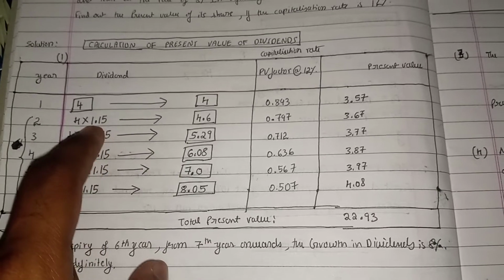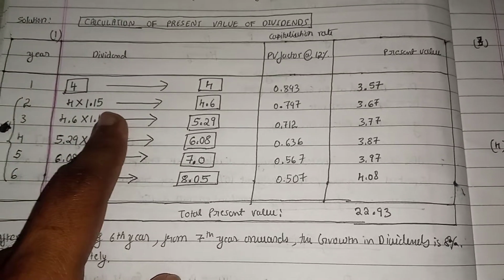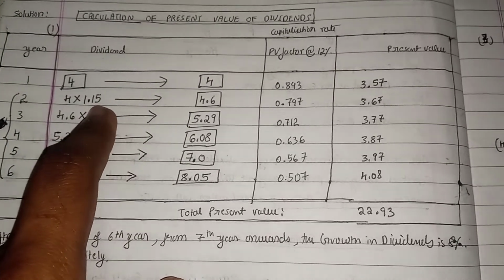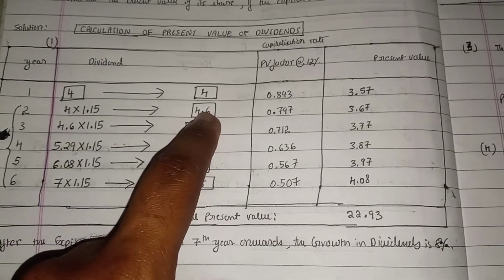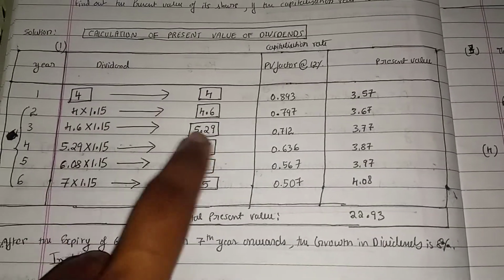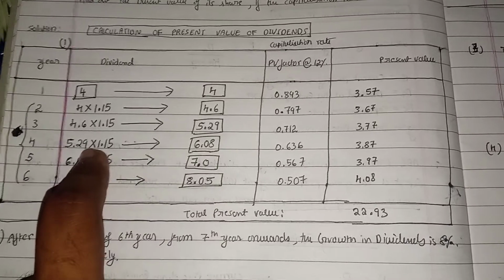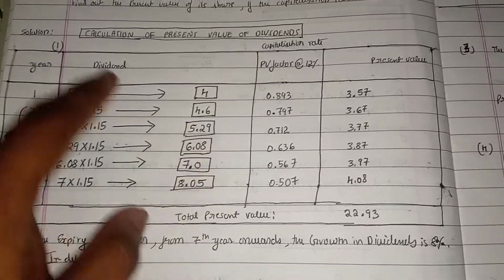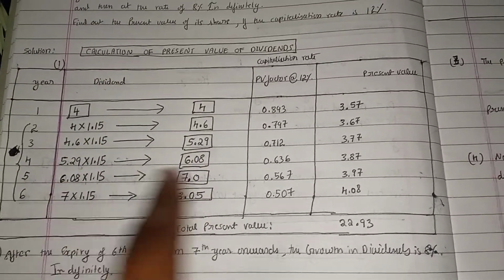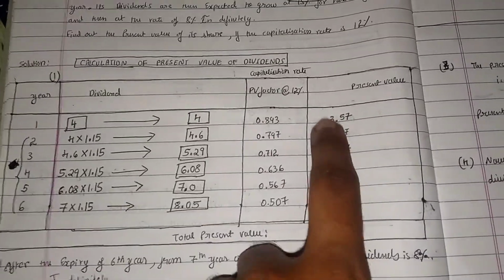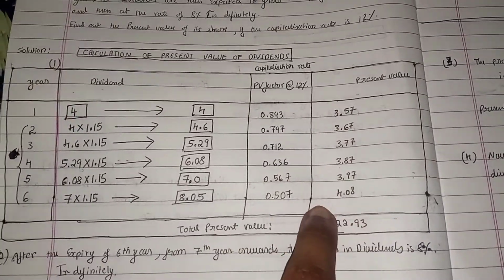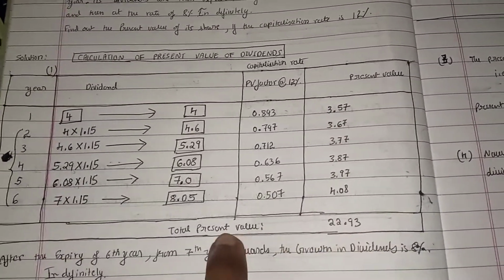Upon the dividend you apply that, 4 into 1.15 is 4.6, 4.6 into 1.15 is 5.29, 5.29 into 1.15 is 6.08, and so on. So you take it consecutively. Your PV factor, the present value, if you add this, you will get the total present value.